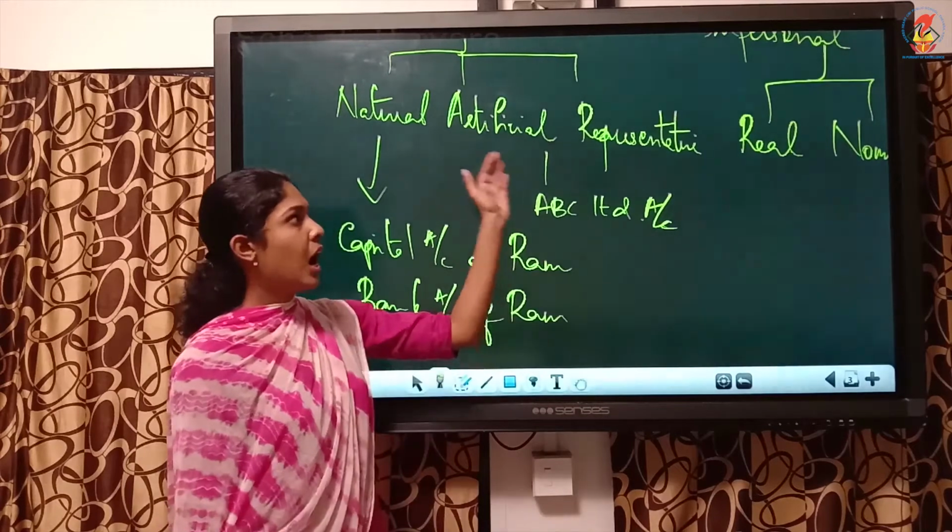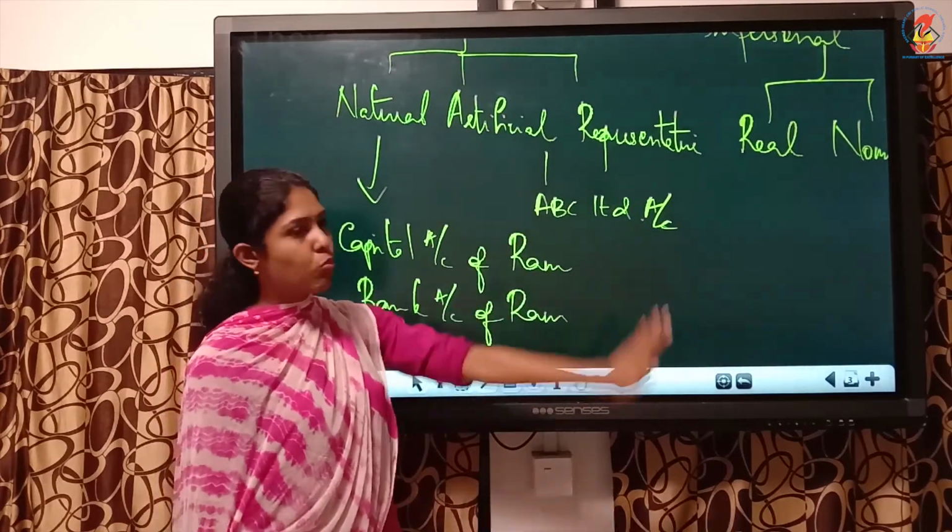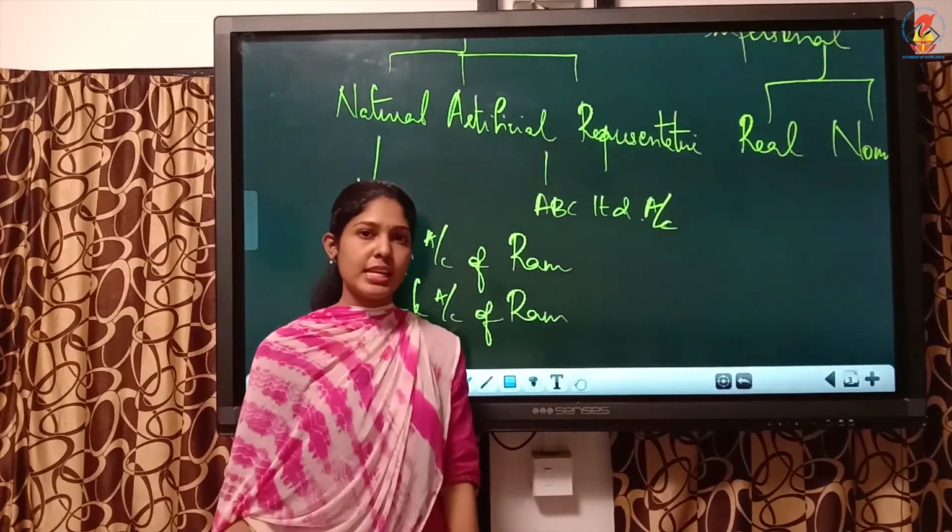All these are artificial personal. The third one is representative personal.